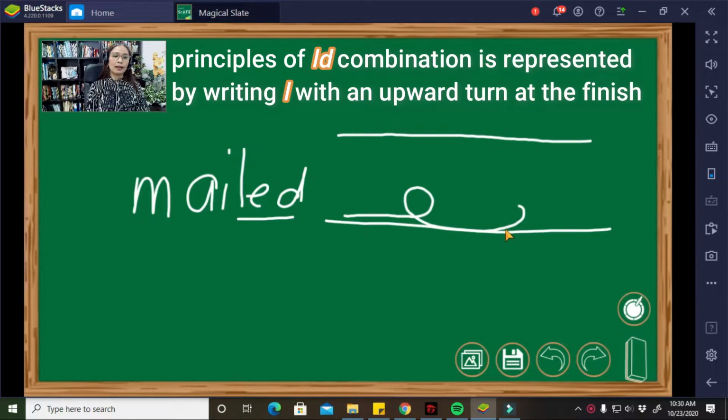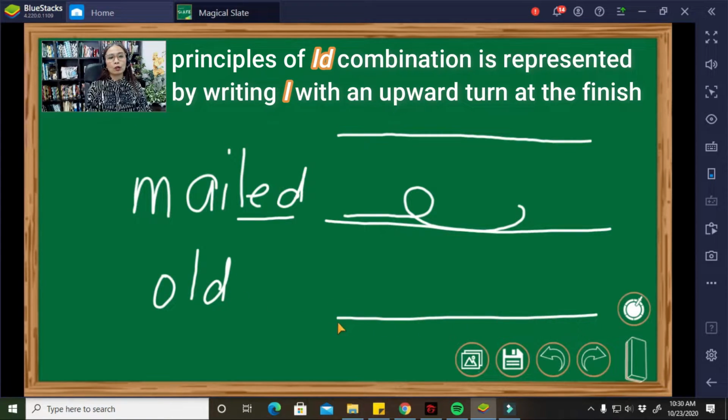So that is the LD combination, mailed. Another example, we have LD there. We have the sounds of O and then an L turn. That is old.